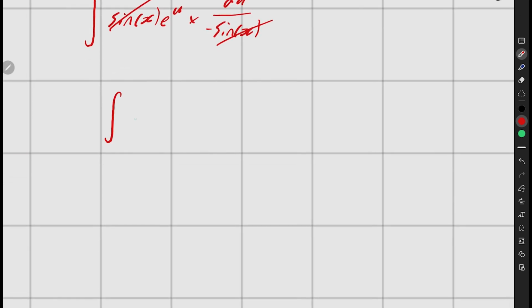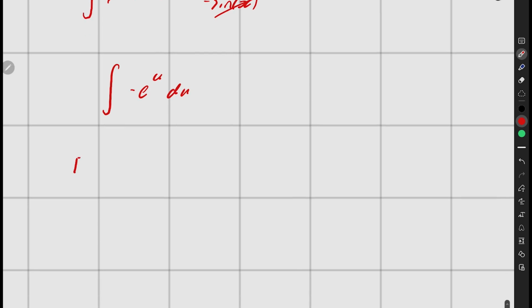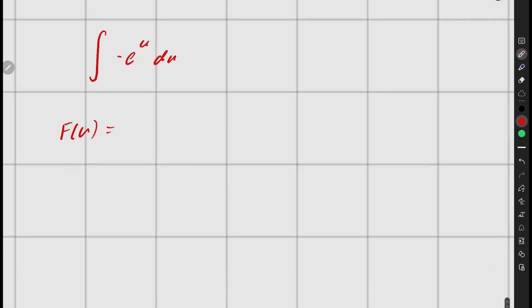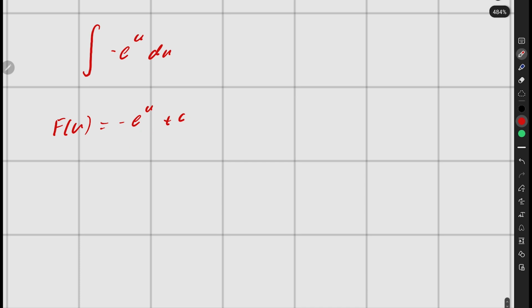We're going to have negative e to the u times du, and when we integrate that, we're going to have a function of u equal to negative e to the u plus c, since any exponential function with the reverse chain rule is like that. Technically it's being divided by 1, as that is the derivative of u, which e is to the power of, but we are not going to write that.